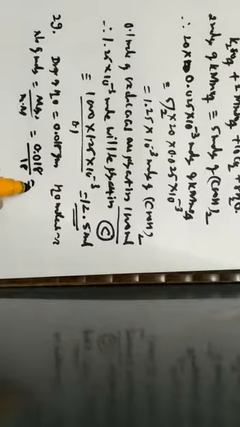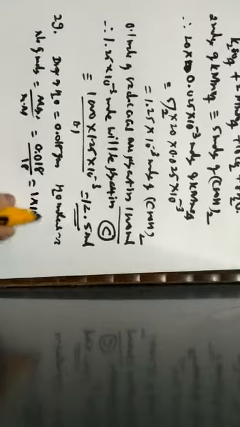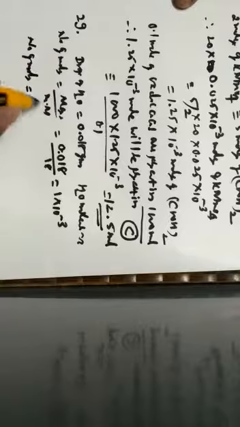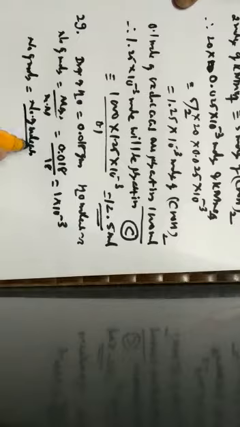So the given mass is 0.018 gram. Molecular mass of water is 18, which comes out to be 1 into 10 to the power of minus 3 moles. Therefore, number of moles is equal to number of molecules divided by Avogadro number, because they are asking us to calculate the number of molecules. Number of moles is 1 into 10 to the power of minus 3.